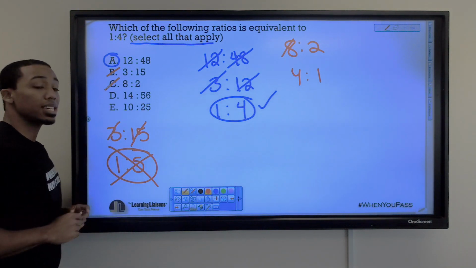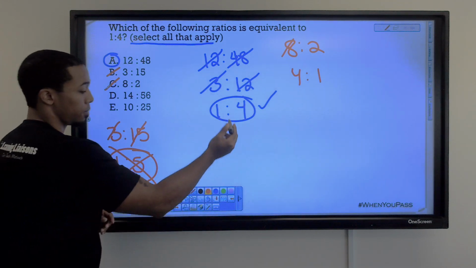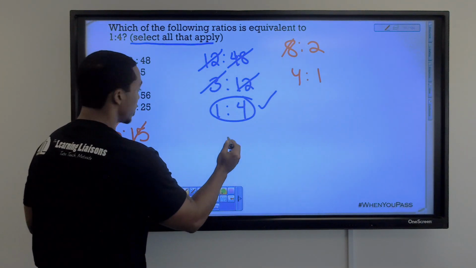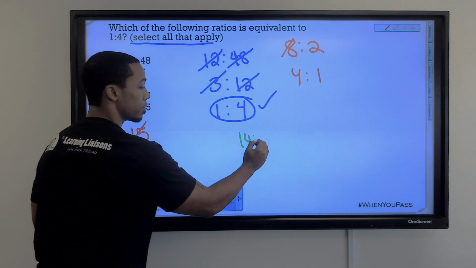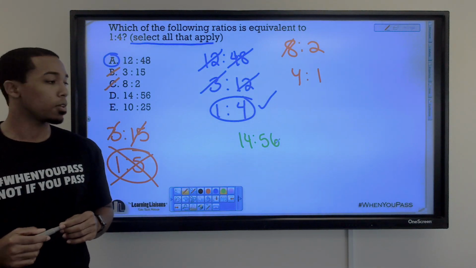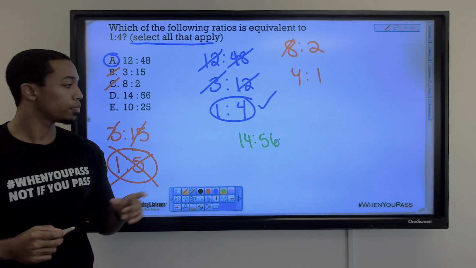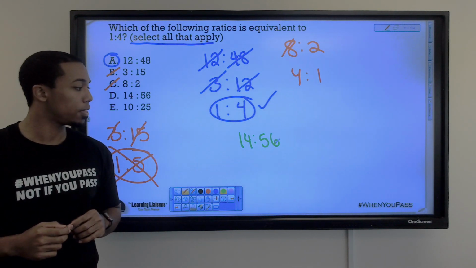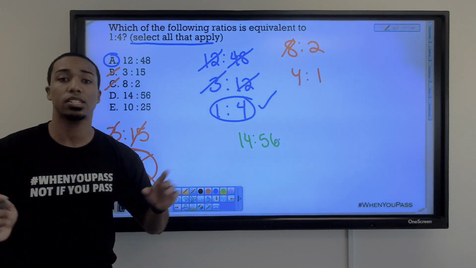Let's check out 14 to 56. I'm going to change the screen over here. Hopefully we can see this. So 14 to 56. Now, what do they both have in common? Well, check it out. I can go ahead and divide both of these by 2 because they're even. I'm going to take the easy way out.